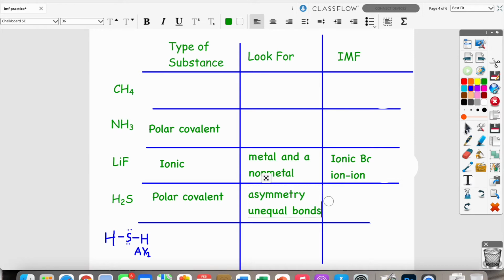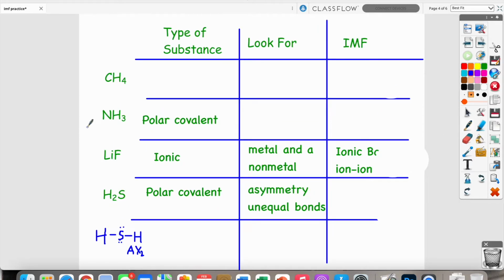This is polar covalent. But if you look at NH3, it looks like this. It has an H, it has an N, it has another H, and it has a pair of dots.